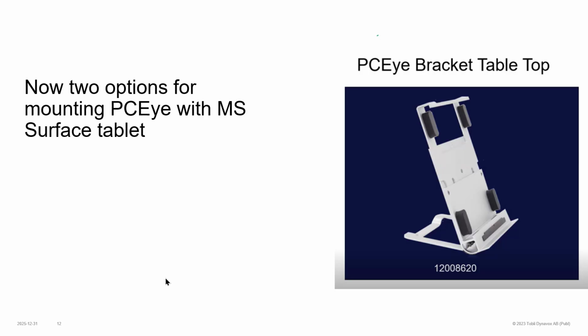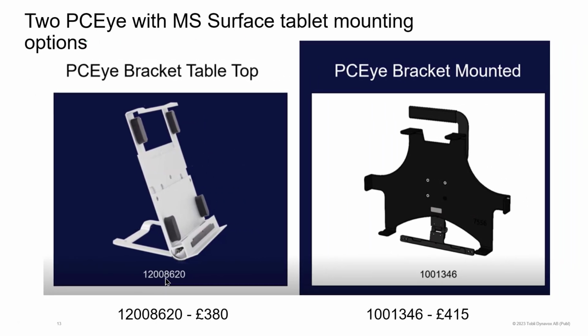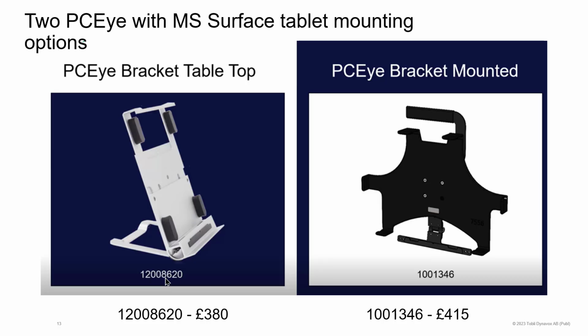So now we have two solutions. We have the original PCEye bracket, which is perfect for tabletop mounting and has, as you can see, the integrated kickstand. But now we have a mounted option.